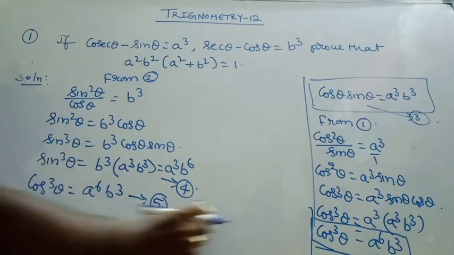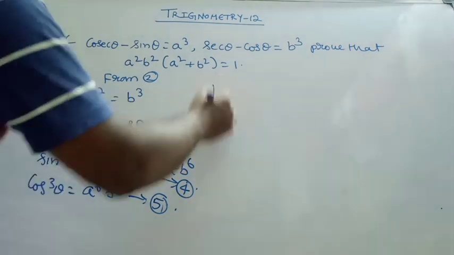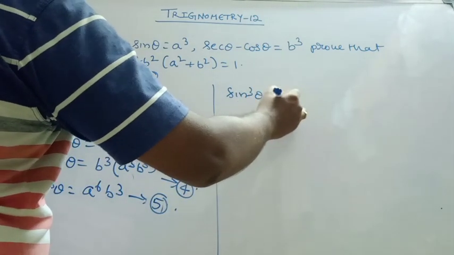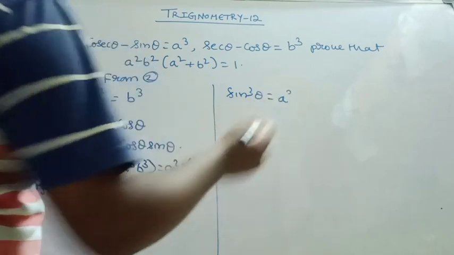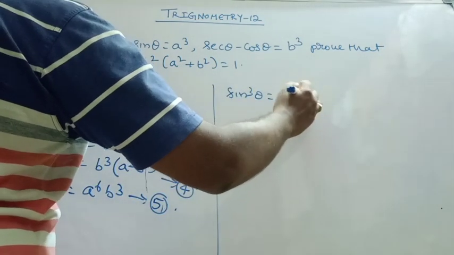Wonderful. Now see here, after getting these two things, we need sin cube theta equal to this and cos cube theta equal to that we have got here. Now from this you see, my dear students, sin cube theta is equal to a cube b power 6.